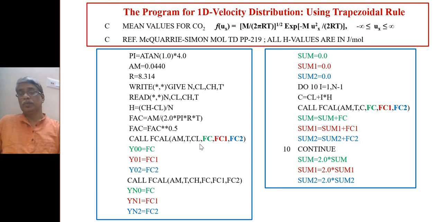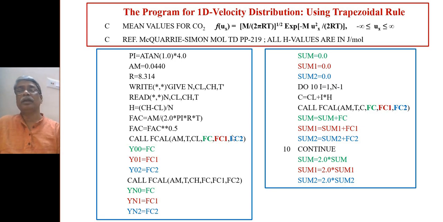Temperature is the input for this subroutine, and then 3 colors are there, green, red, and blue. So FC, FC1, and FC2. Actually, it evaluates at the given temperature. FC is the value of the function fu or fux. Here it is one dimensional, so it is fux. This function itself is the fc.